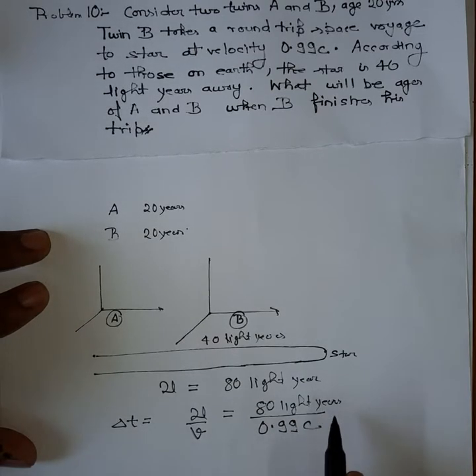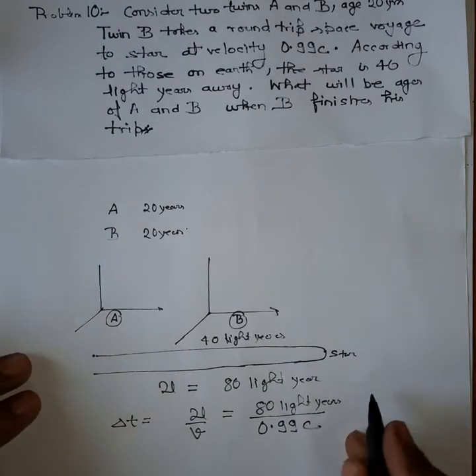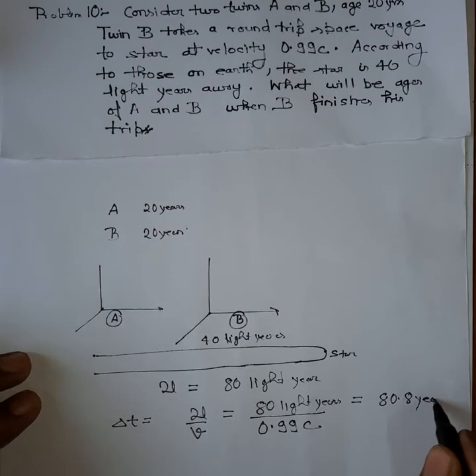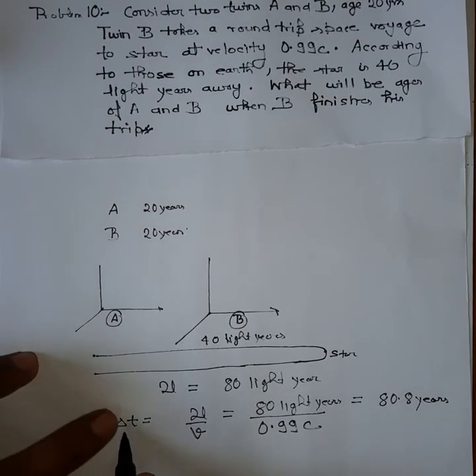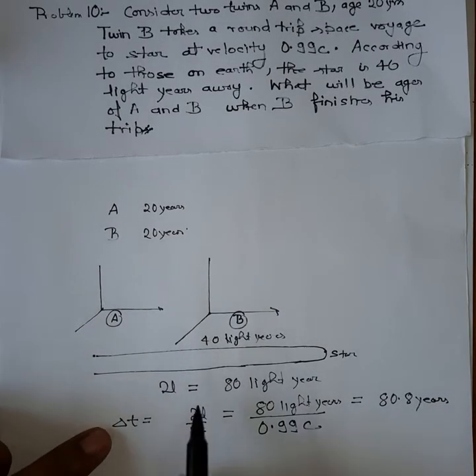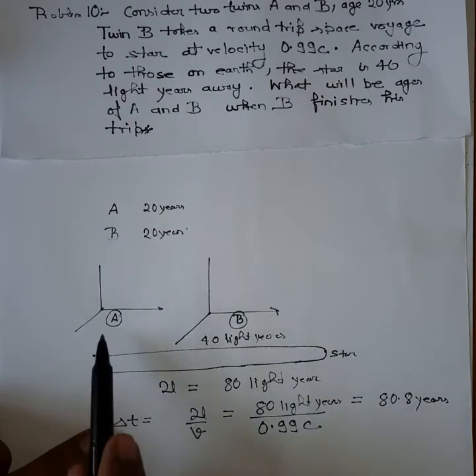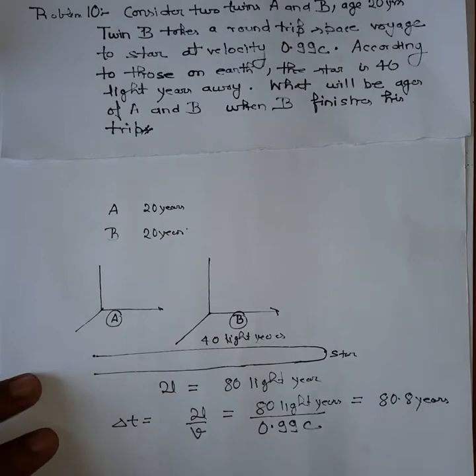Light year is the distance traveled by light in 1 year. So if you solve it, you will get 80.8 years. This is the total time taken by B for his trip as observed by A.